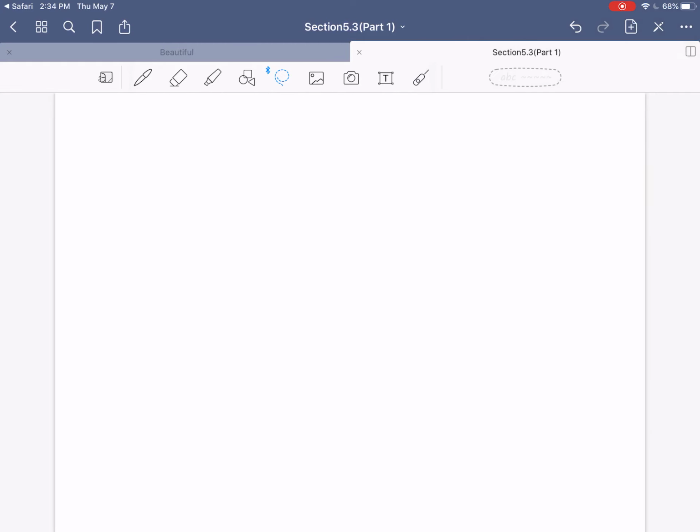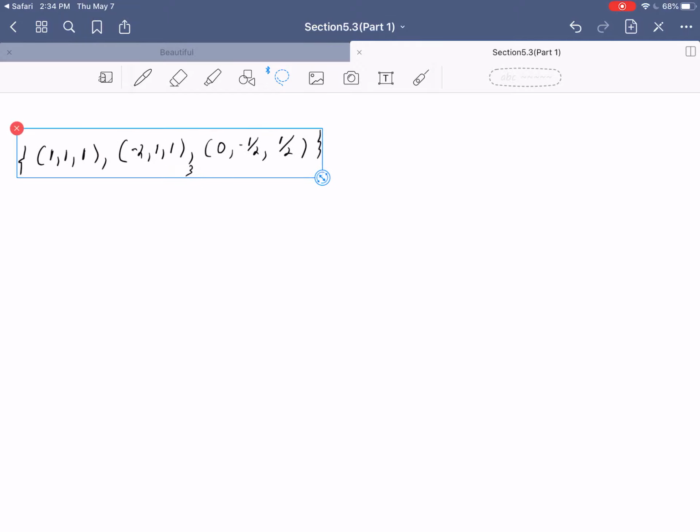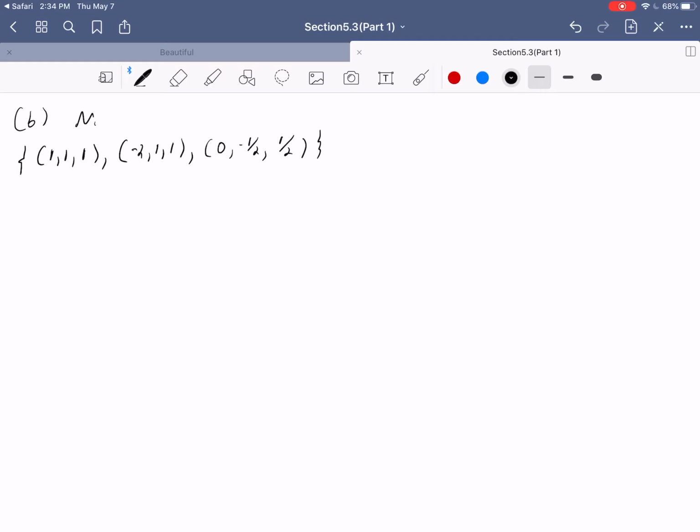So for part B here, zoom in a little bit. Okay, so for part B, we want to normalize this set. All right, so this is an orthogonal basis. We'd like to make it an orthonormal basis.